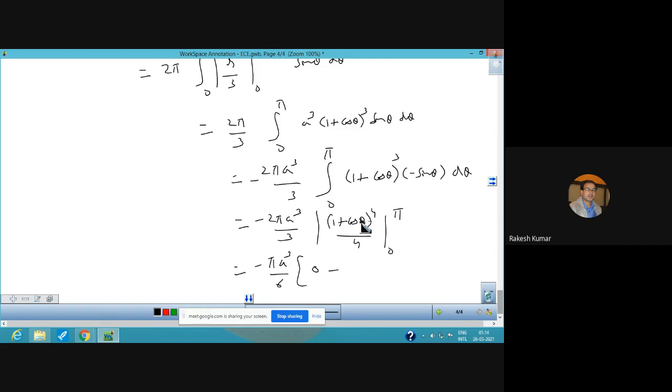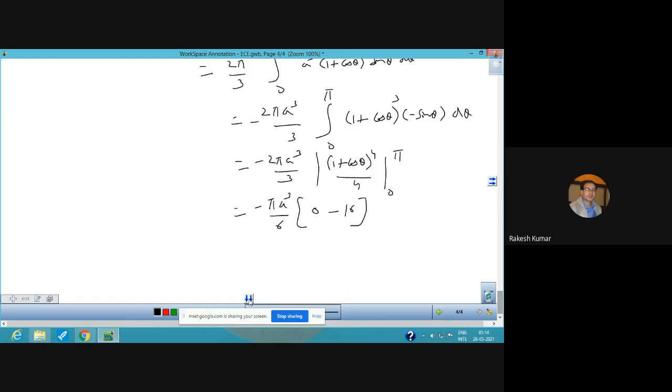So 1 plus 1 is 2, and 2 raised to power 4, sorry, will give you 16. So it will come out to be 8 pi a cube upon 3. This is the required volume of the solid of revolution of a cardioid about the horizontal axis.